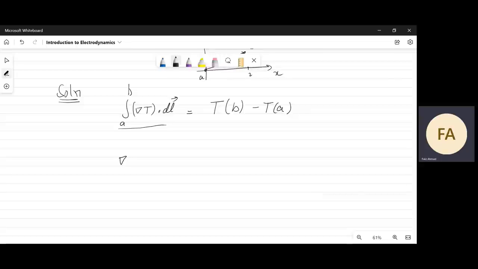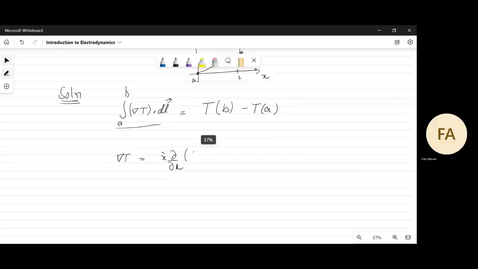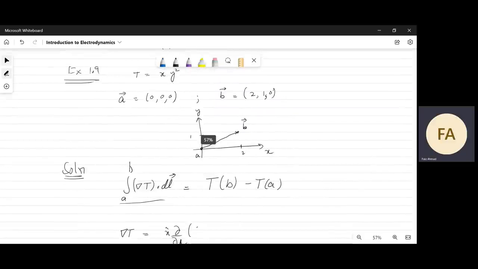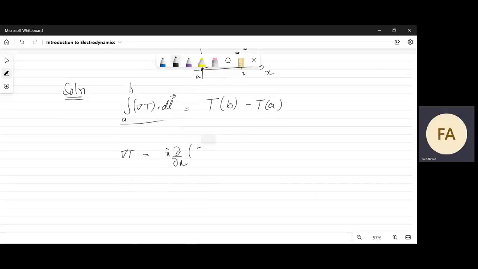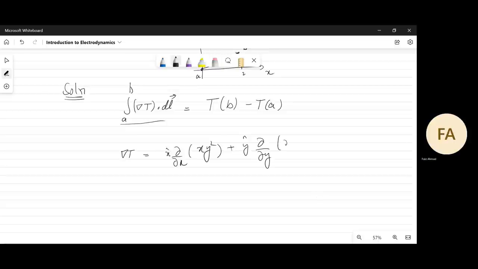So for del t, we have partial over partial x of t, where t is x y square, plus y partial over partial y of x y square, plus z partial over partial z of x y square.